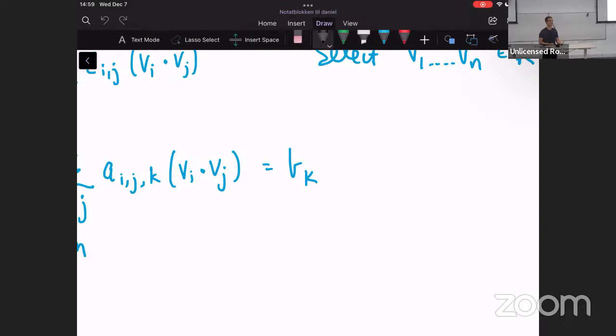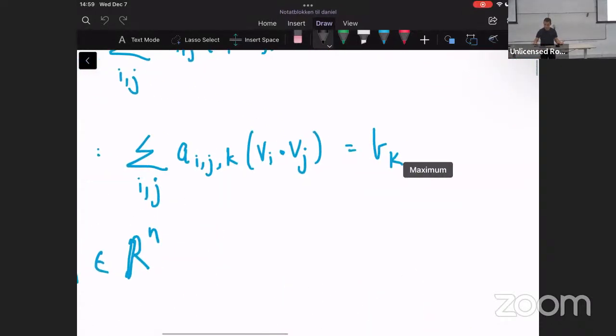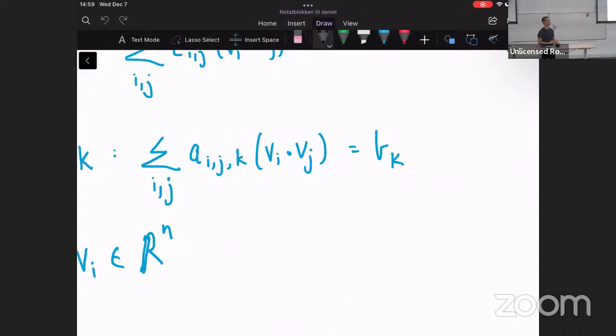This is a funny thing. Why is that? If I want to make an inequality constraint, suppose I want to make a constraint that this is less than or equal to bk, I can just make a new variable, vi prime, that doesn't contribute at all to my objective function. And then what I can do here is add vi prime times vi prime.